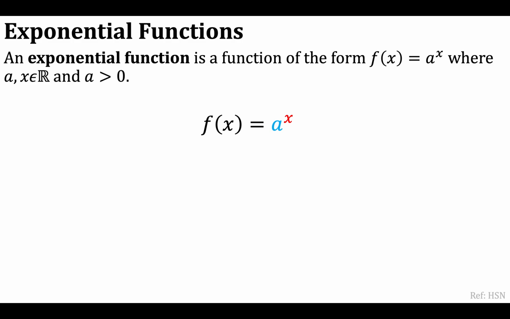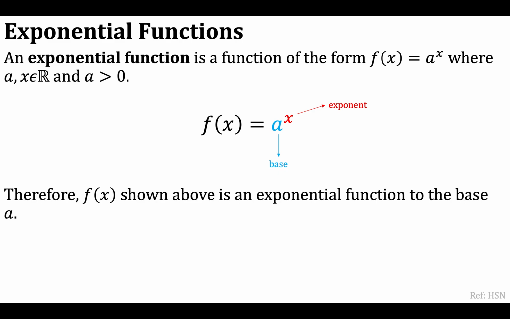Now, when we have powers written in this way, we know that a is the base and x is the exponent. So hopefully you'll remember that from studying indices last year. And if we have that, what we can say here is f of x is an exponential function to the base a.